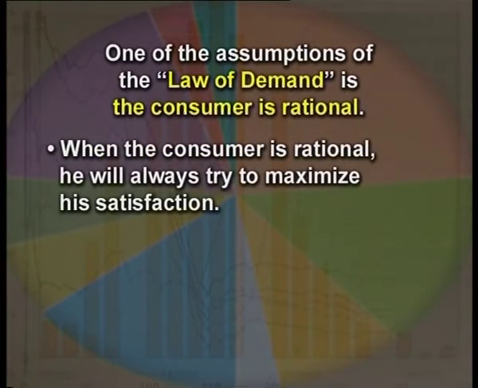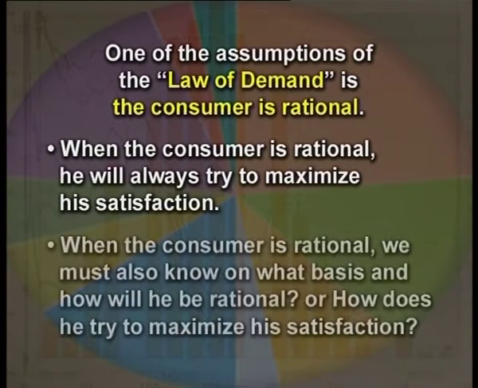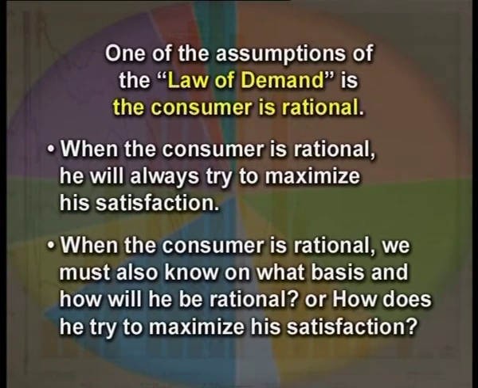When we say that the consumer is rational, we mean that he will always try to maximize his satisfaction. And therefore, when we assume that the consumer is rational, we must also know on what basis and how he will be rational, or how he tries to maximize his satisfaction. The law of equi-marginal utility teaches us how a consumer can maximize his satisfaction.